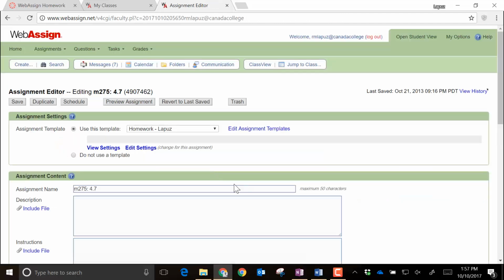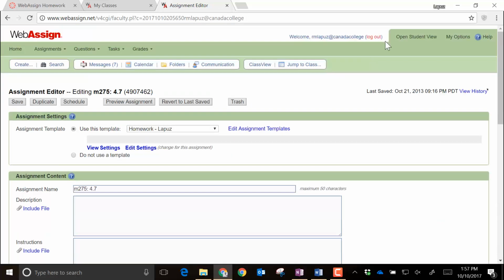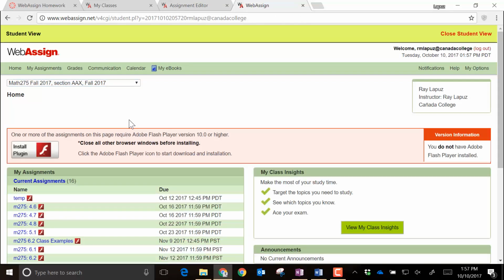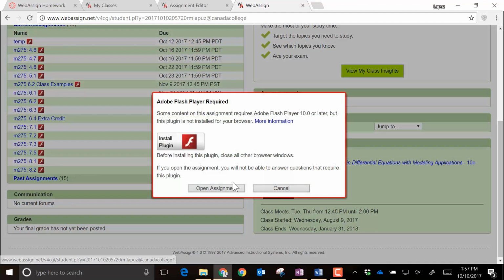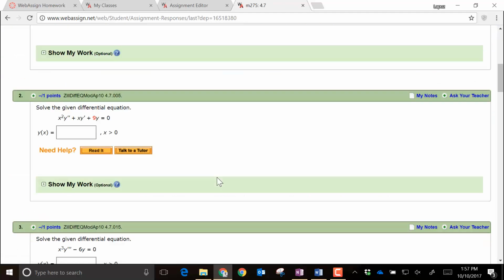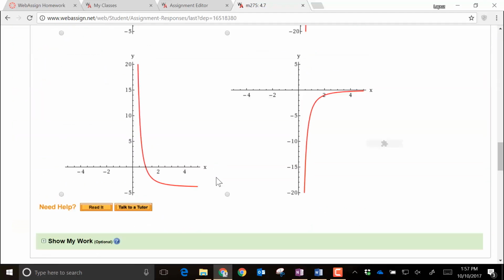Green's function is 4.8. 4.7. Thought I had flash. It's just hidden.